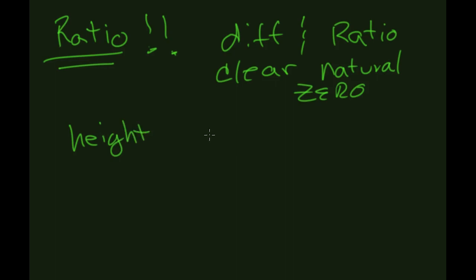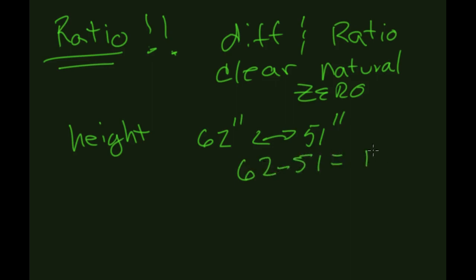To say that somebody is 62 inches tall and somebody else is 51 inches tall, it is clear that there is a difference that can be computed here. 62 minus 51 would be an 11-inch difference. That difference means something. It's a little less than a foot. So that's clearly the case.